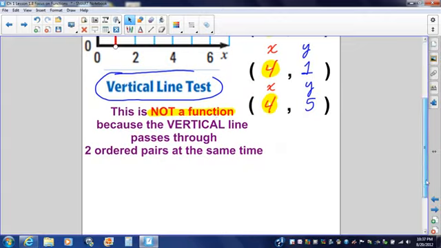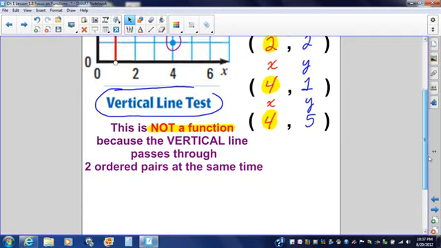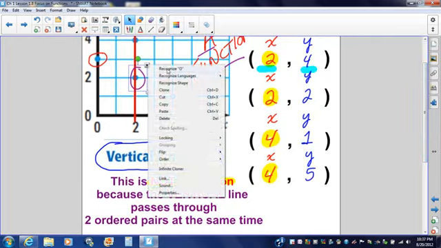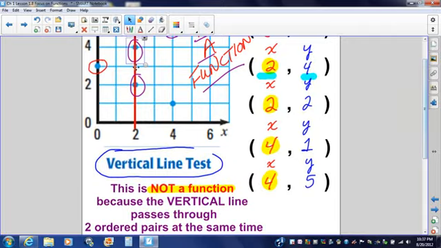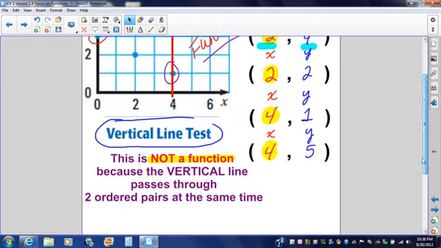So again, this is not a function because the vertical line passes through 2 ordered pairs at the same time. It passes through 2 ordered pairs here, and it passes through 2 ordered pairs here at the same time. Vertical line test.